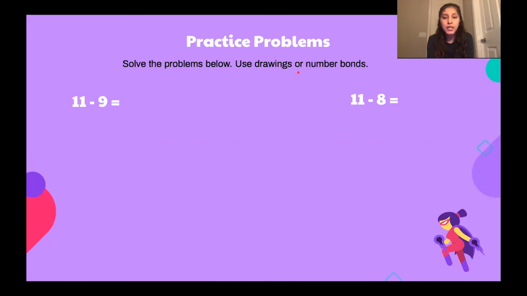Use drawings or number bonds. So it doesn't have the option for count on, but if you feel like the count on strategy is the best one for you, then you can use it, okay? You can use the count on, drawing, or the number bonds, okay?